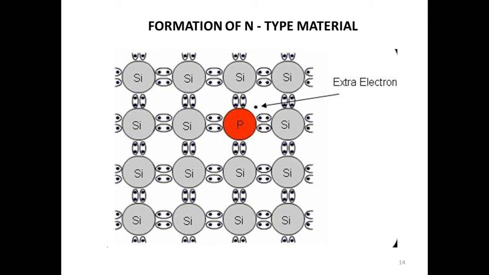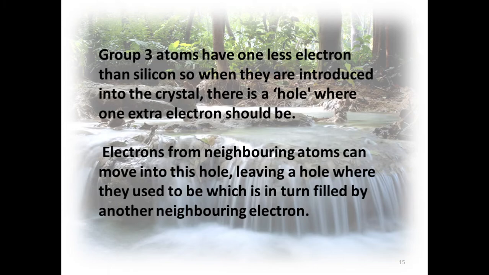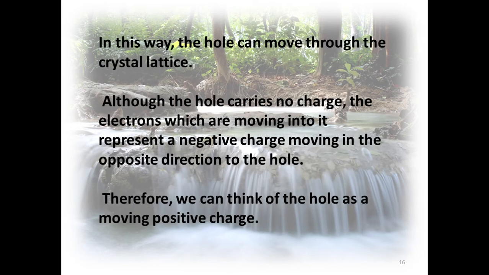In the same manner, if you add a group 3 element which has 3 electrons in its outermost level, there is an extra hole, and this extra hole will act as a charge carrier.